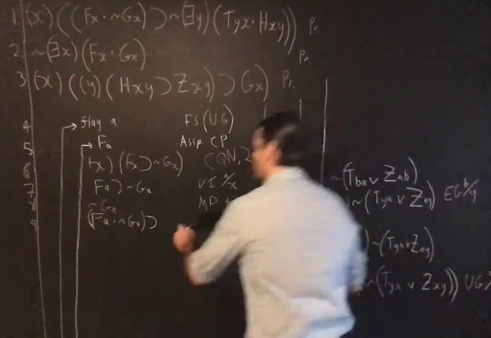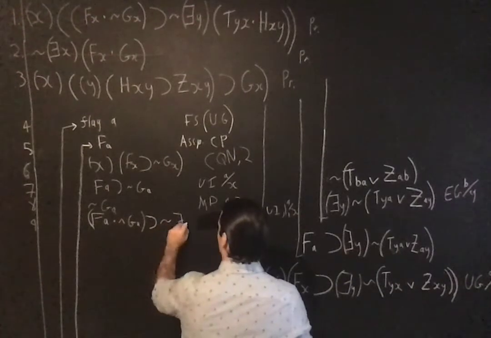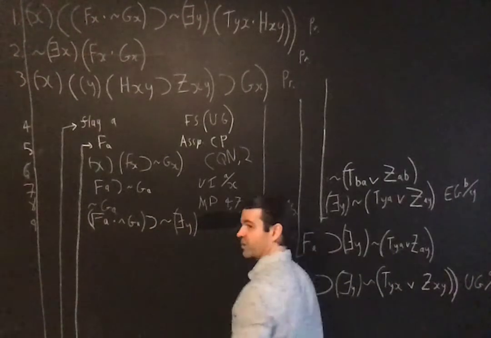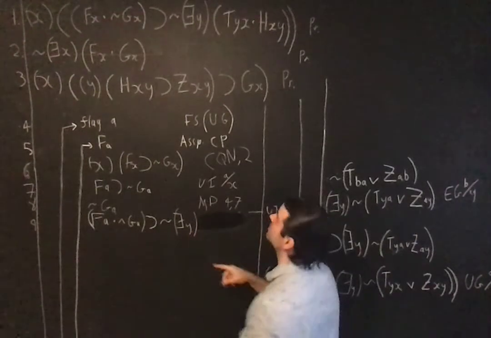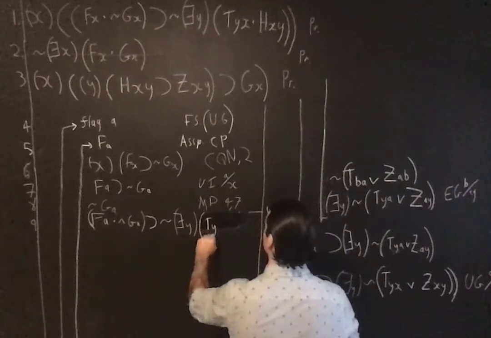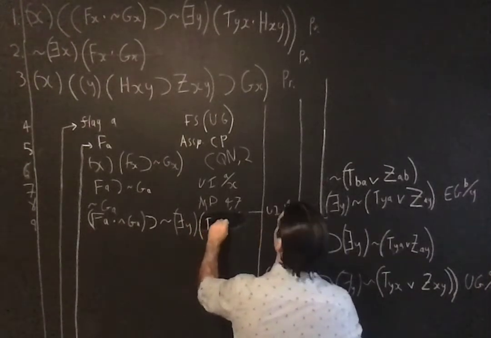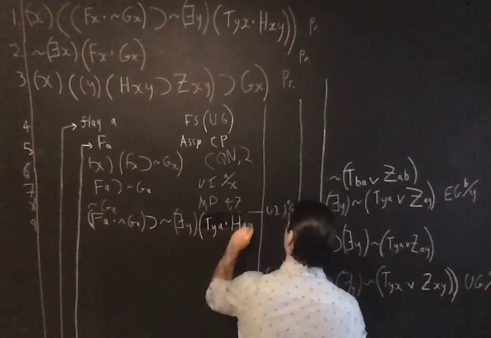So the Y's, all the other variables stay in place, as well as the other quantifiers, so that's that. And what does this become? T, Y, A, and H, A, Y.